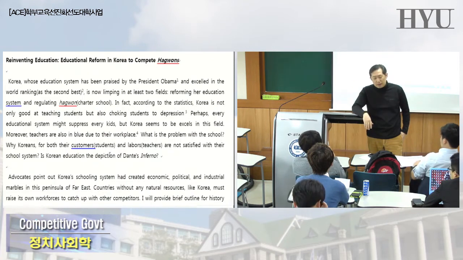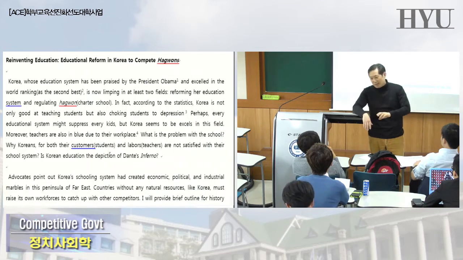We had the same problem with the NEET test, the National English Ability Test, because you have one group that designed it, and then another group that implements it. And so they don't really understand each other.